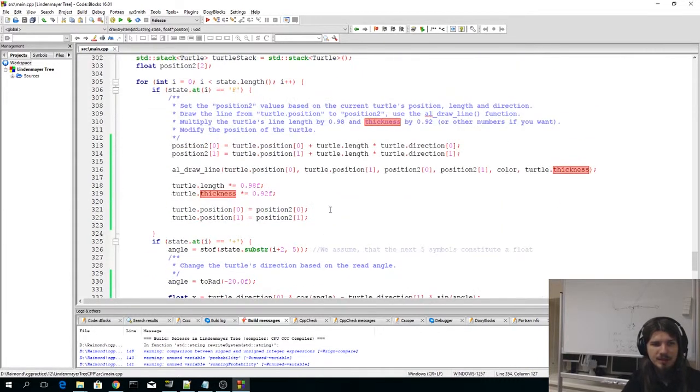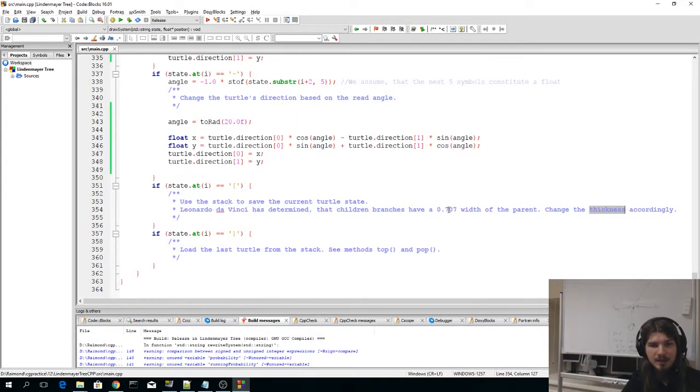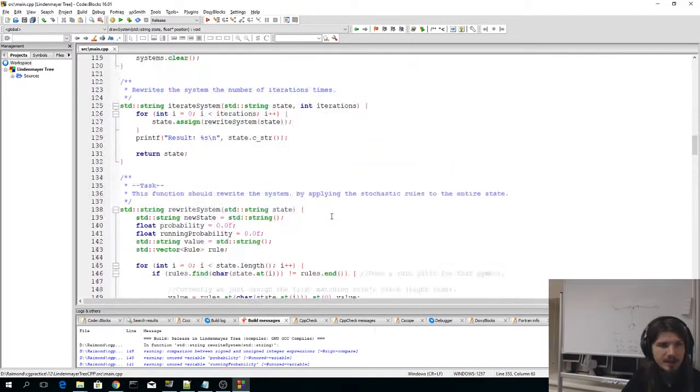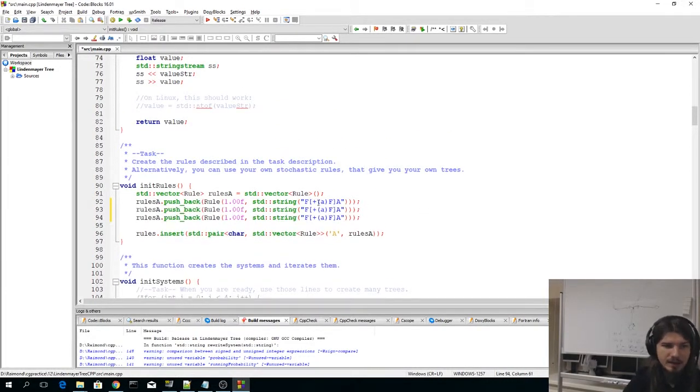Up here we are changing the thickness by a very small amount, just because the newer segments should become less thick or thinner, but here when we have a branching, then they need to be even thinner than the main branch. So don't forget about this. But one more thing we're going to do in this video is that if we now have multiple rules, so let's say we have 3 rules, and maybe this first one rotates one way, this rotates the other way, and let's say that this last one doesn't rotate at all.